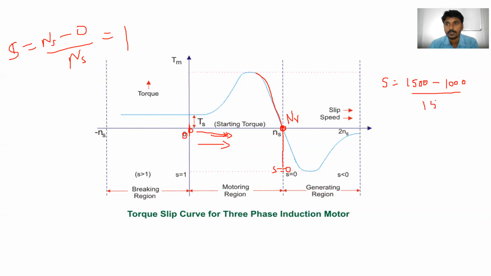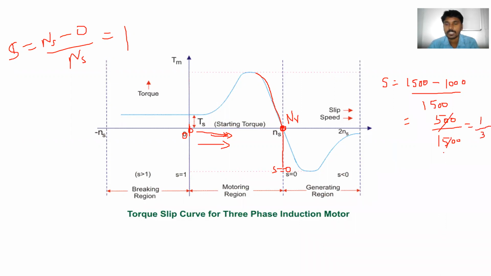Then 1500 minus 1000 divided by 1500. So what is the value of this? 500 divided by 1500. What is the value of this? 1 by 3. Yes.